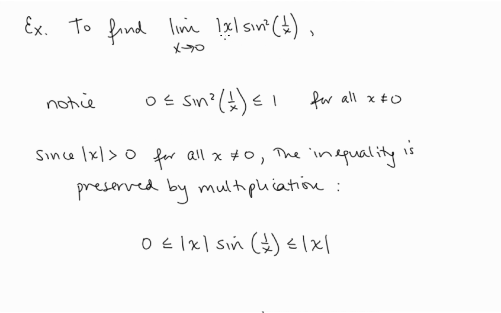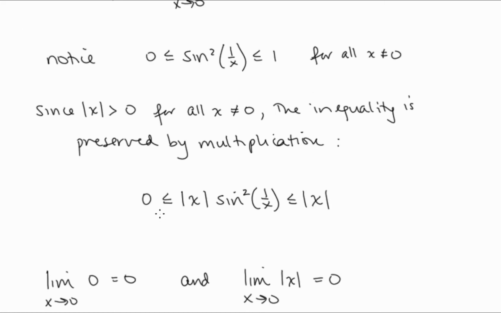Okay, let's multiply in by absolute value of x. We know that absolute value of x is a positive number, and multiplying by a positive will preserve the inequality sign. So that says that 0 is less than or equal to absolute value of x times sine squared of 1 over x is less than or equal to absolute value of x. Now we know the limit as x goes to 0 of 0 is going to be 0.